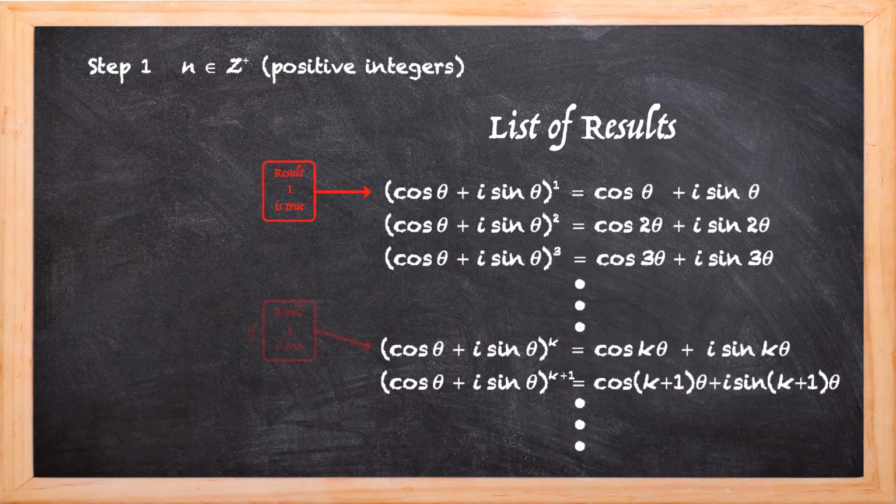So there are two stages. We prove the first statement's true. If the kth result's true, then we can show the k plus 1th result is true. If these two things can be shown, then by induction all the results will be true. So let's start the process.